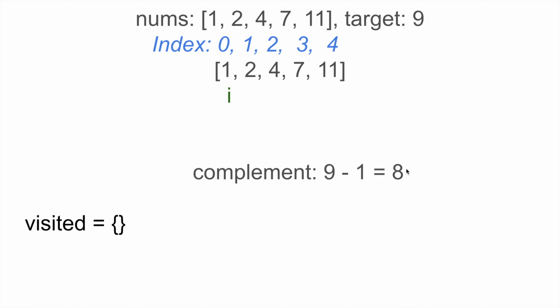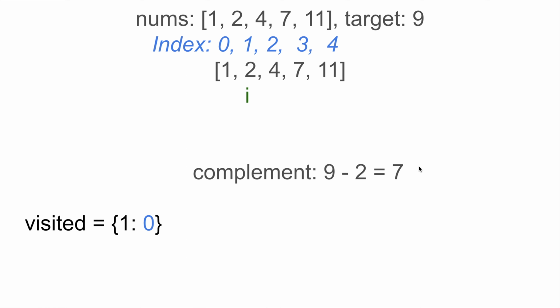Then we search for this complement in the hash map. Here we don't find the value in the hash map because we just started and the hash map is empty. So we store the value and index pair in this hash map. Then we move on to the next index, that is index 1, and the value at index 1 is 2. So 9 minus 2 is 7.